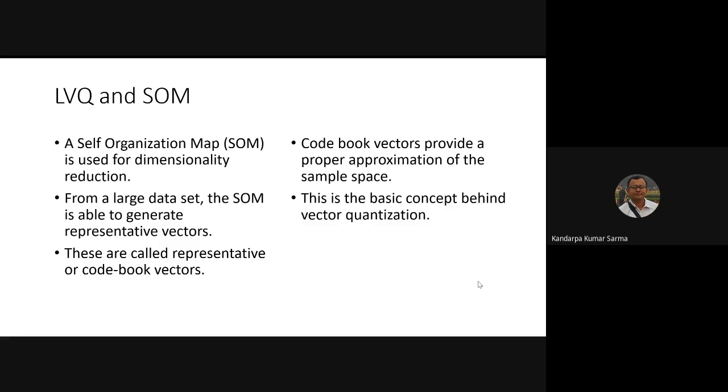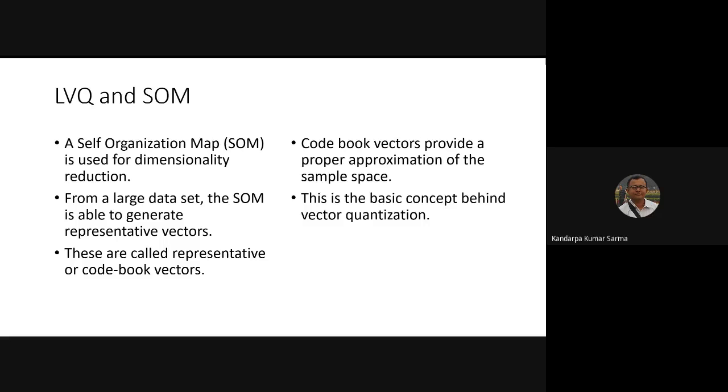A SOM can be used for dimensionality reduction from a large data set. The SOM is capable of generating representative vectors. Now, these representative vectors can be called codebook vectors. So we have just referred to a sample space being subdivided into several smaller parts, and a vector could be linked with each of these subdivided parts. Now, this subdivision can be done with the help of a SOM.